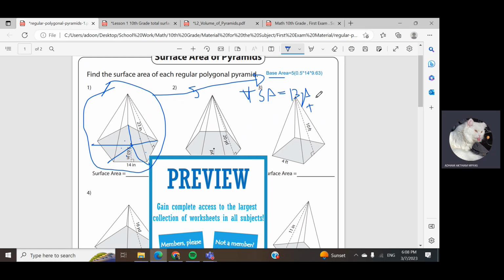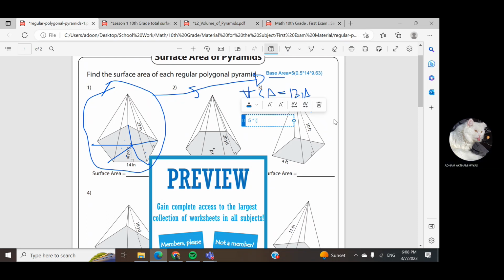So for the faces area, we have 5. I will write it also, 5 multiplied with 0.5, multiplied with the base of these triangles, which is 14 also, multiplied with the height of them, which is 23, the slant height. So that's the area of the faces.